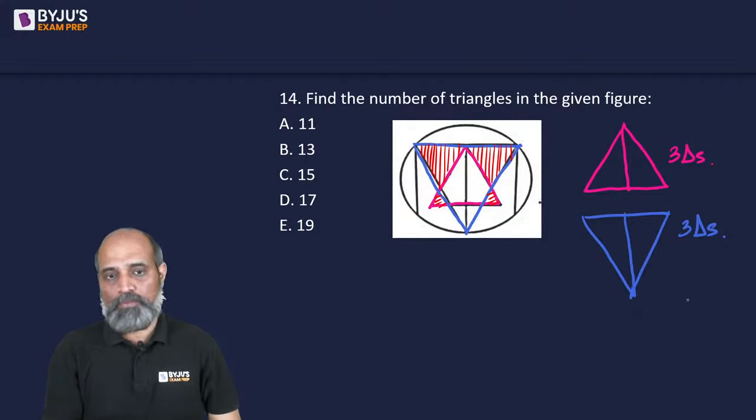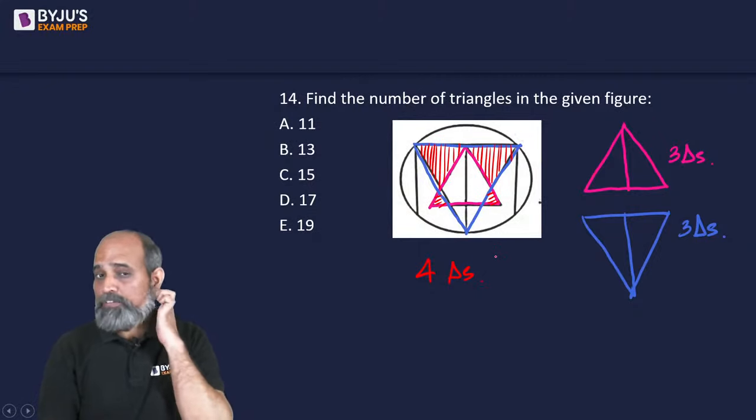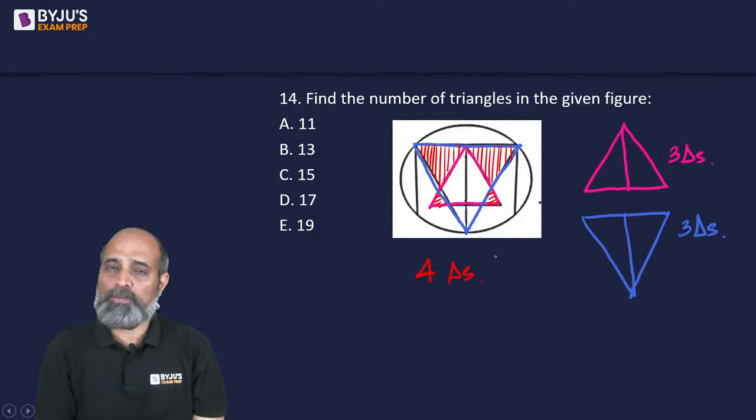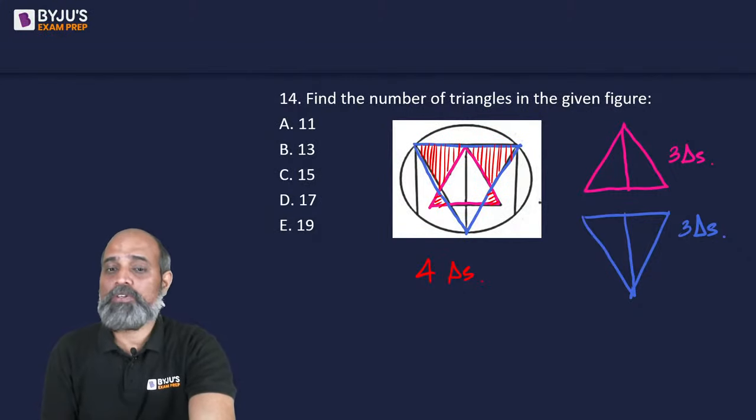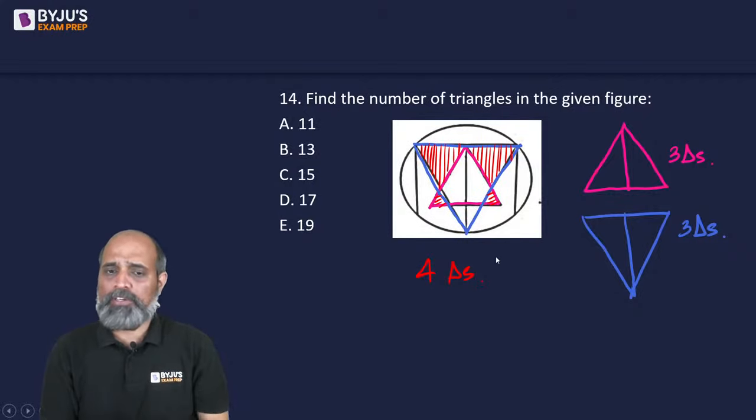So we get 4 more, right? 4 triangles which are smaller ones. Total 10 आ रहा है, but we very well know that in the options we have 11, 13, 15. मतलब ज़्यादा ही है. It means we are missing out on a particular region or a particular shape, right? So कौन सा shape miss हो रहा है, which is not accounted for?